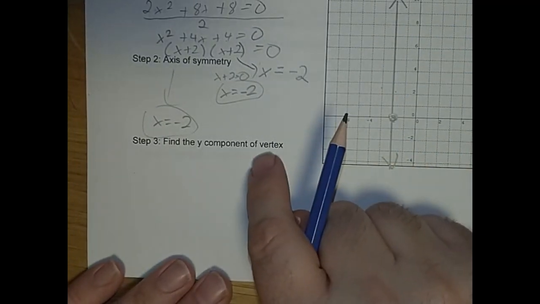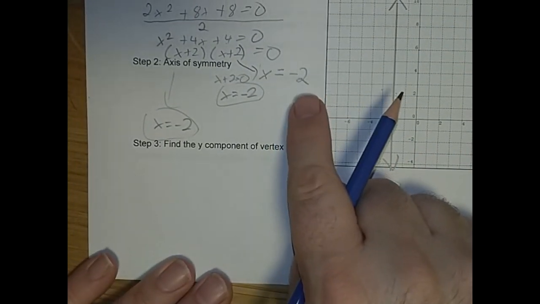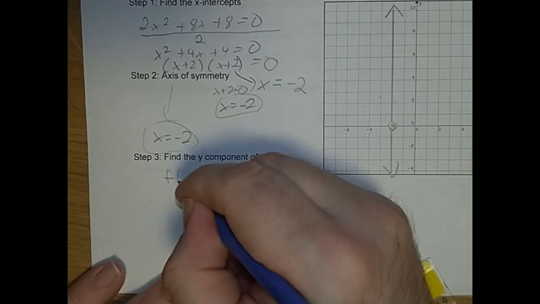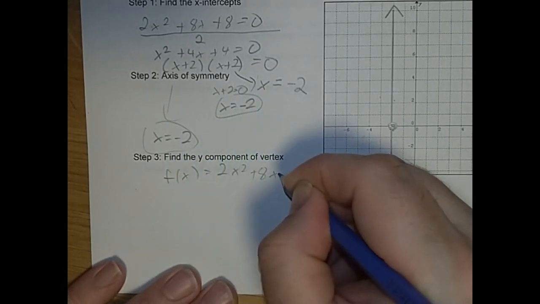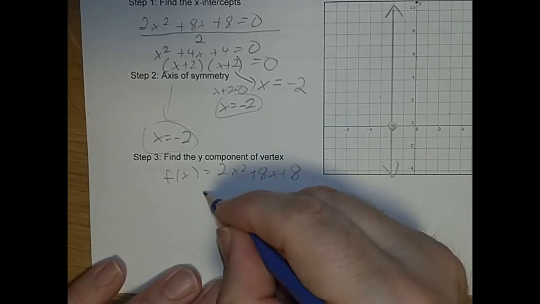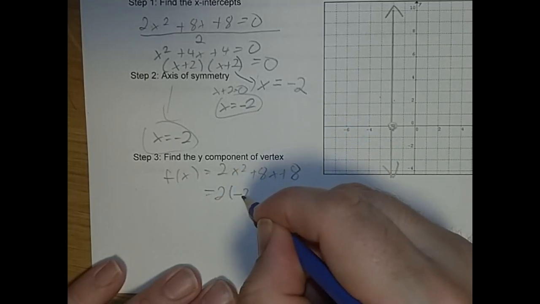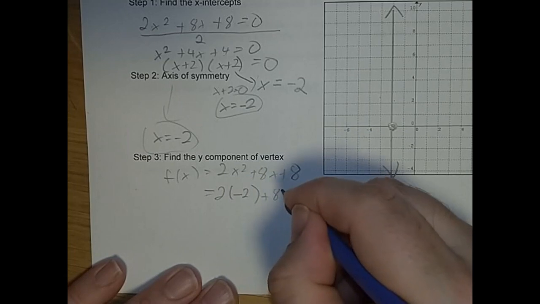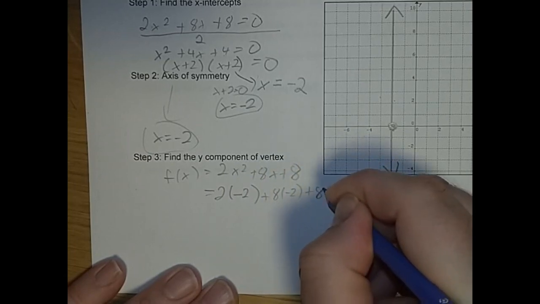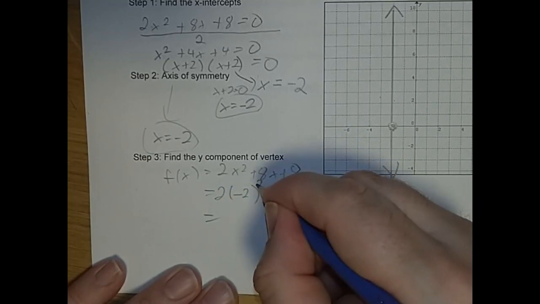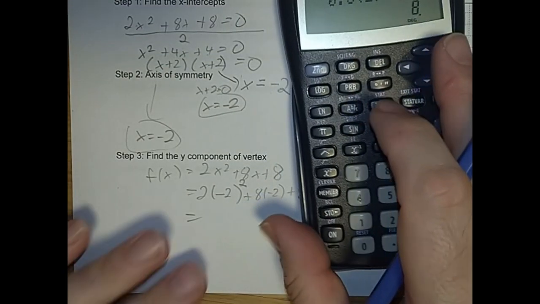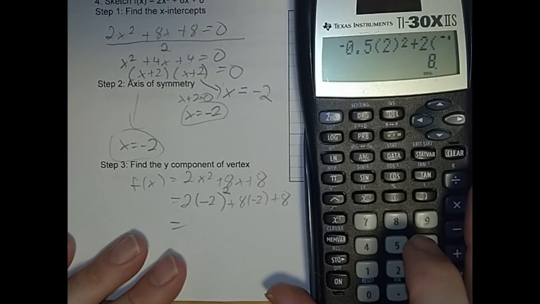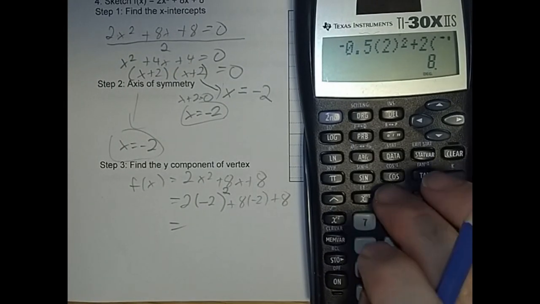Now we can find our vertex by using the negative 2. So we can go f at x is 2x squared plus 8x plus 8. Okay, so we're going to go 2 times negative 2 squared plus 8 times negative 2 plus 8. And then don't forget the square there. We go to our calculator, and we go bracket.